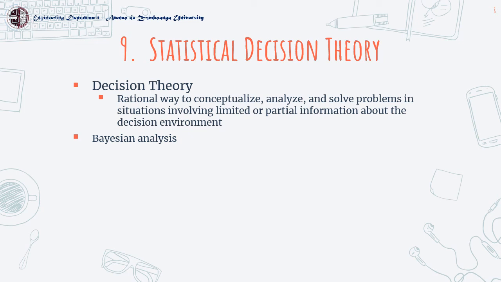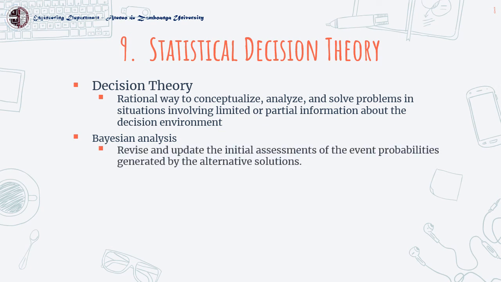Earlier in our discussion, we discussed evaluation of alternatives. Now, one important component in decision theory, especially in the evaluation of alternatives, is subjecting the alternatives to the Bayesian analysis. The purpose of the Bayesian analysis is to revise and update the initial assessments of the event probabilities generated by the alternative solutions. This is achieved by the use of additional information.